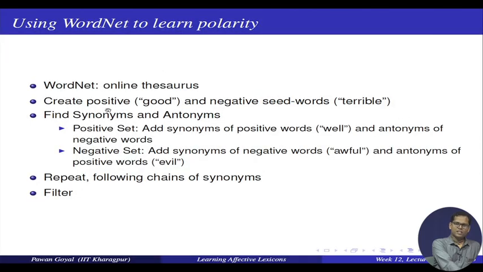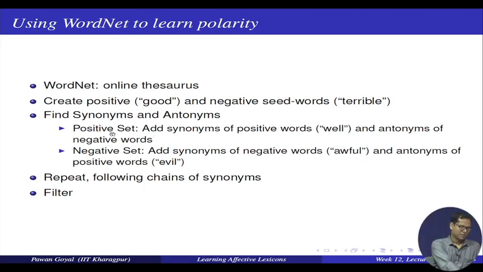So you create some positive and negative seed words. Positive is like good and negative is like terrible. Once you have the seed set, you find the synonyms and antonyms. Whatever are the synonyms of the positive word like good, you add to the positive set, and whatever the antonyms of the negative word like terrible, you again add to the positive set, and you do the reverse for the negative set.